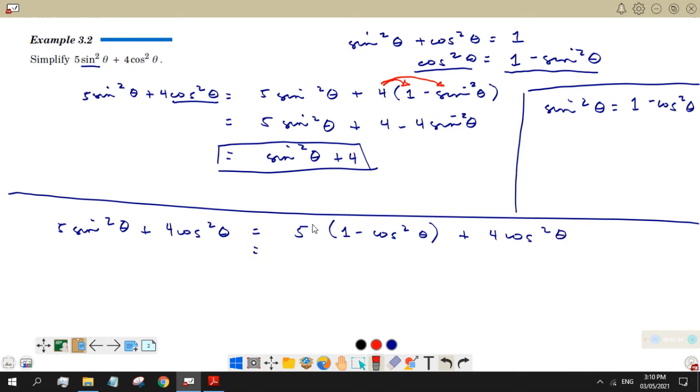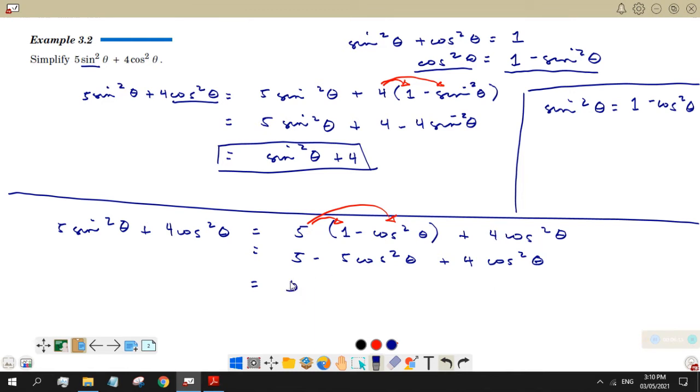Okay, now let's distribute 5 to both of the terms inside the parentheses. PEMDAS lang tayo. We have 5 minus 5 cosine squared theta plus 4 cosine squared theta. Let's simplify. What are the common terms? We have 5 cosine squared theta and 4 cosine squared theta.